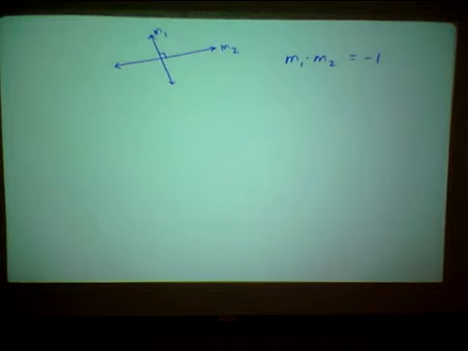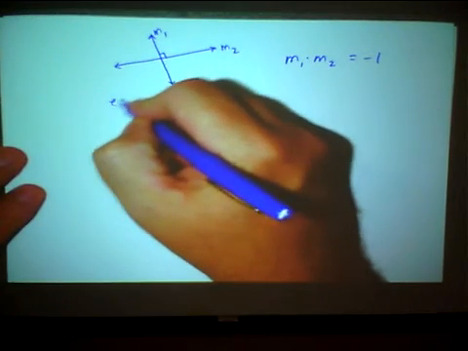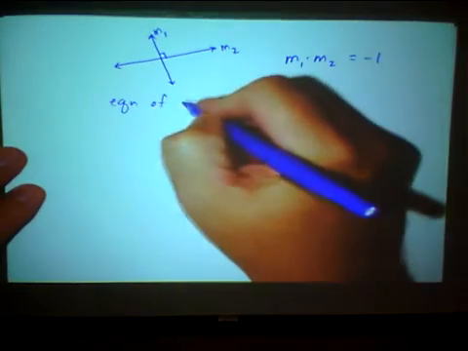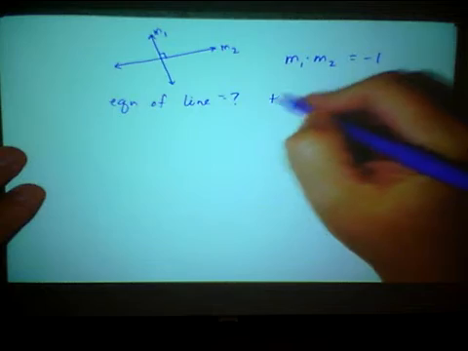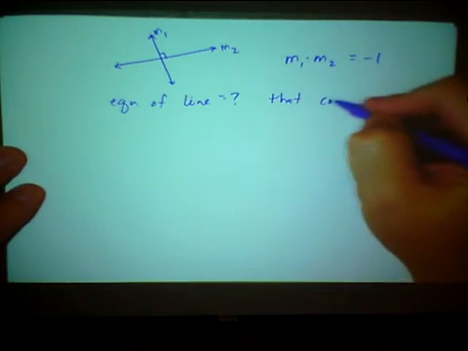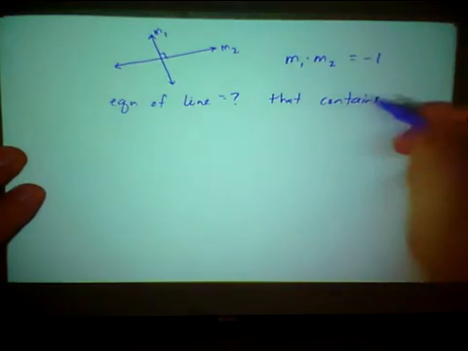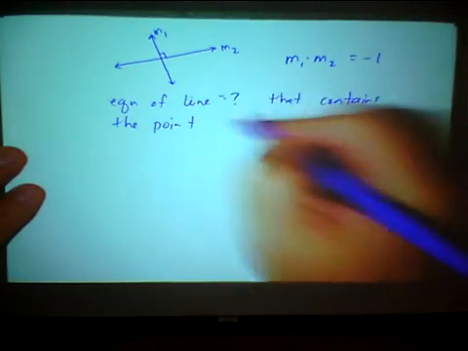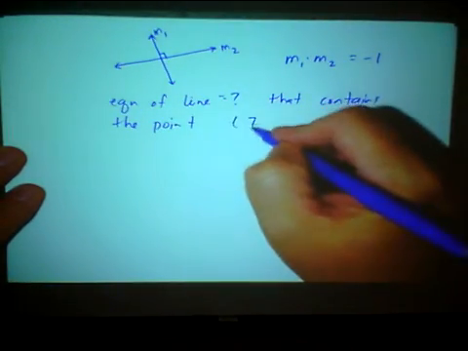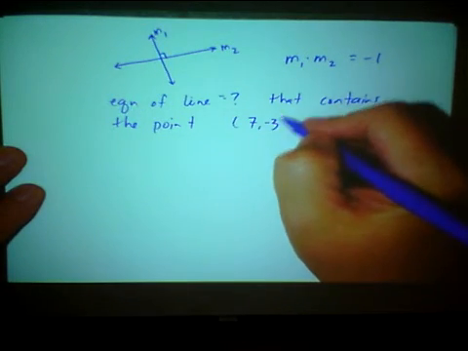Because the problem we have says we're trying to find the equation of a line that contains a point, and the point is going to be (7, -3).